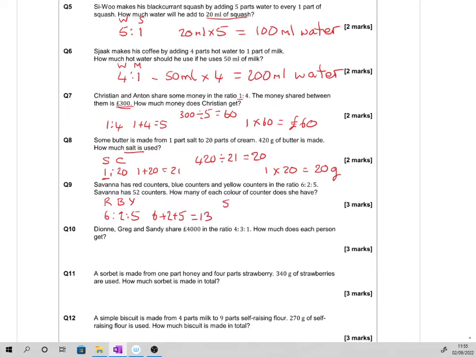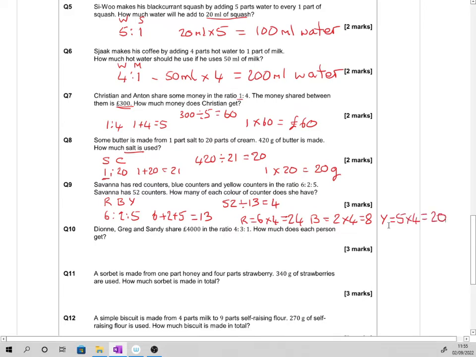So we need 52 divided by 13, and that equals 4. So the red equals 6 times 4, which is 24. The blue equals 2 times 4, which equals 8. And the yellow equals 5 times 4, which equals 20. And 24 and 20 is 44, and 8 is 52. So it comes back right.